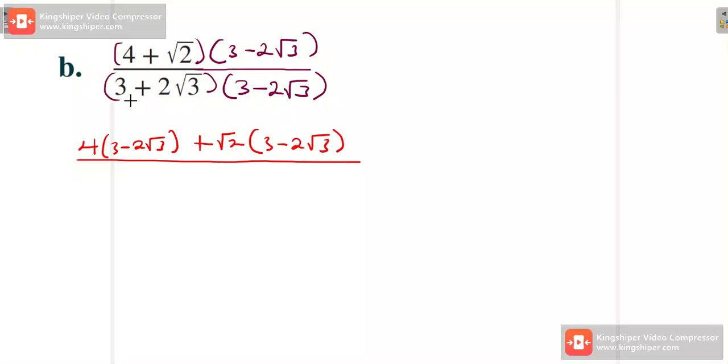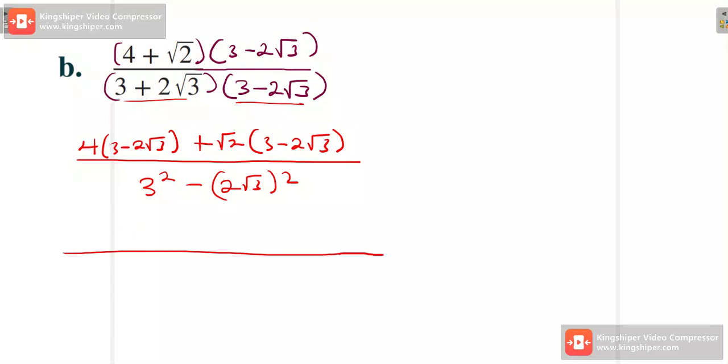Then also, when we come to the denominator, it is difference of 2 squares. This and this are the same. The only difference is the sign. So it makes it difference of 2 squares, which can be factorized as 3 squared minus 2 root of 3 all squared.